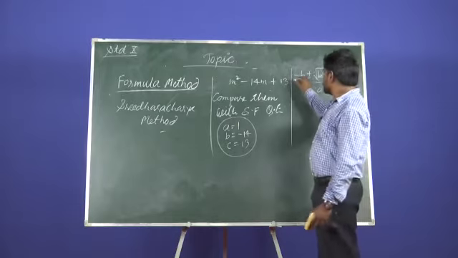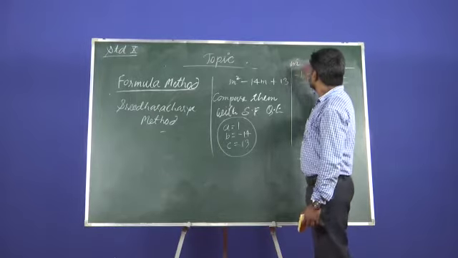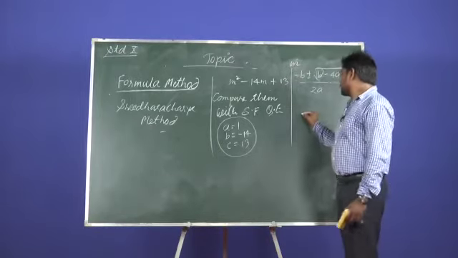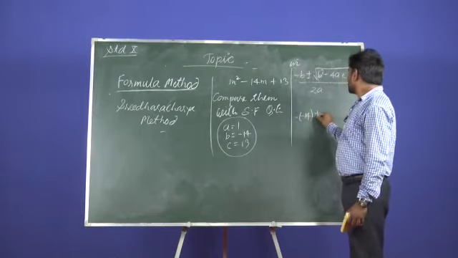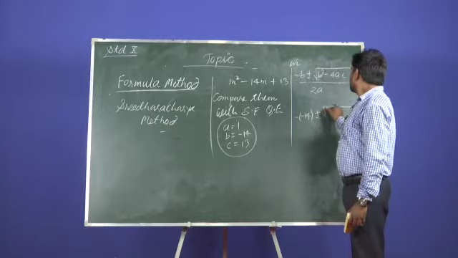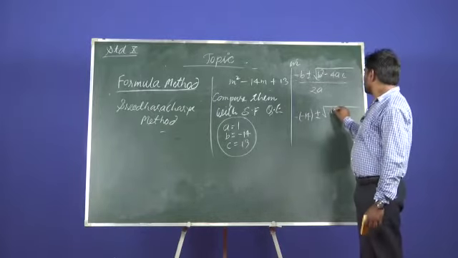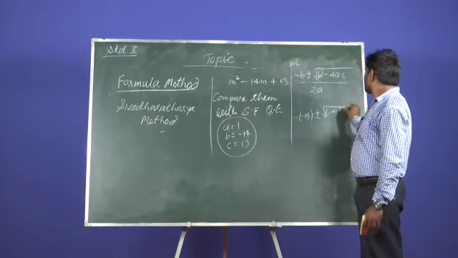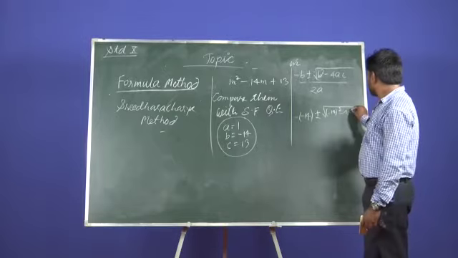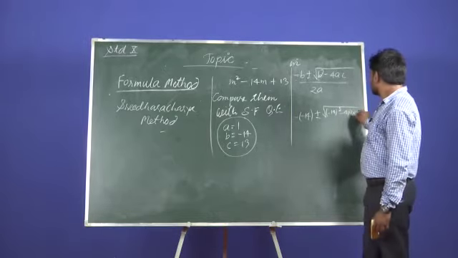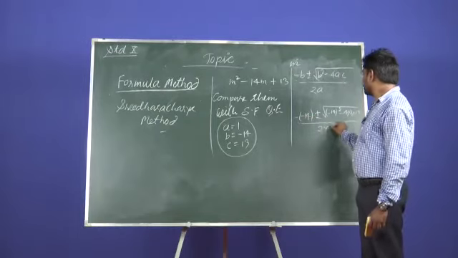This produces the value of m. Now put here minus of minus 14 plus or minus root of (minus 14) square minus 4 into a equals 1 into c equals 13, whole upon 2 into a, which is 1.